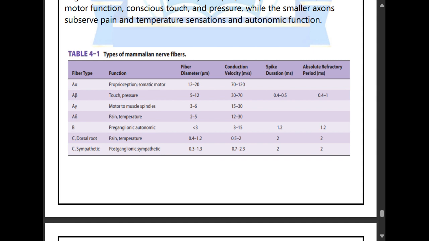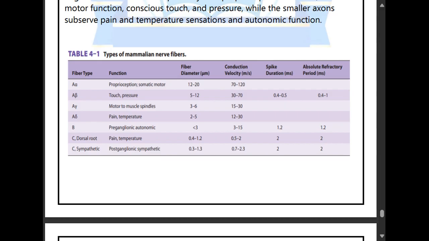Know their functions: the oligodendrocytes, the Schwann cells, the astrocytes, all those glial cells. Know them, their functions, and where they are found. Know the classification of neurons, very, very important. Hopefully we are aware of that.